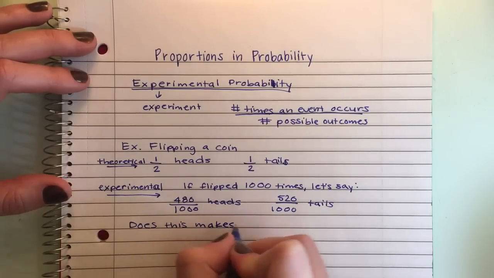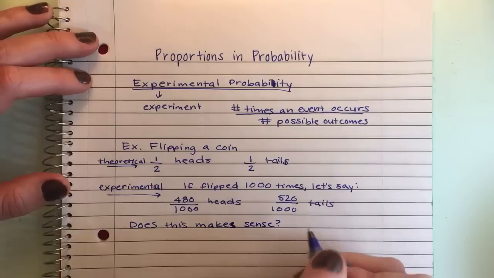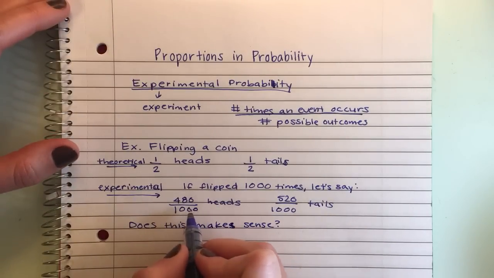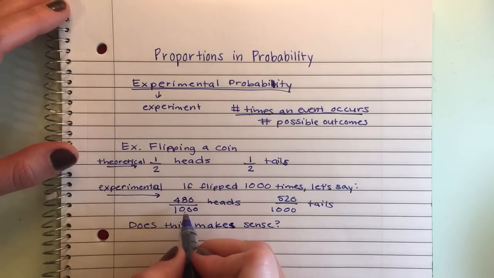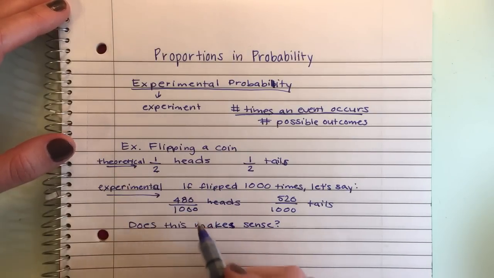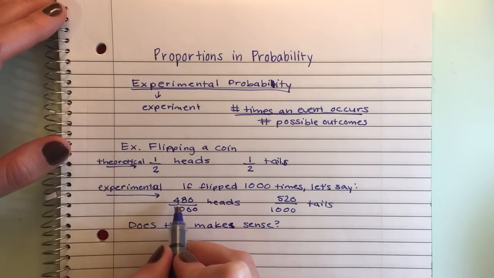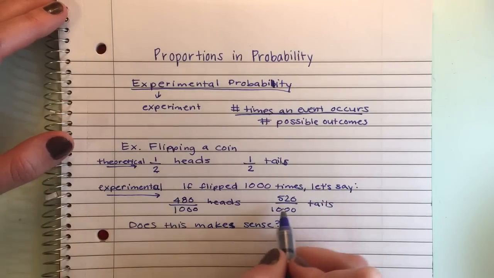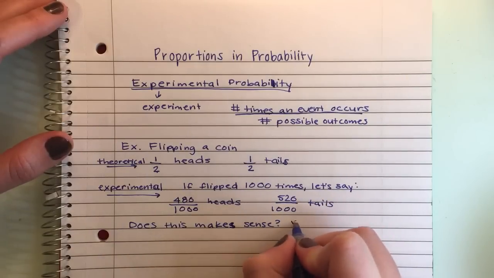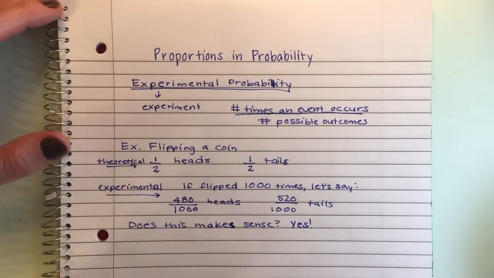And in order to know if it makes sense, you have to realize that out of the 1,000 times, half of that would be 500. And half is our theoretical probability for both sides of the coin. So 480 is pretty close to 500, and so is 520. So in this case, yes, it does make sense.